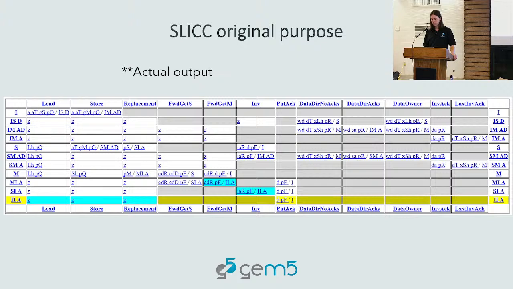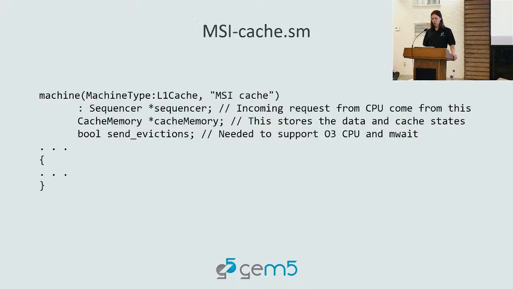So this is really useful to look at these HTML files when you're working on protocols. It helps you quickly find errors that you make. And it has a bunch of cool features as well that I won't get into. Okay, so now let's talk about how to create one of these state machine files.